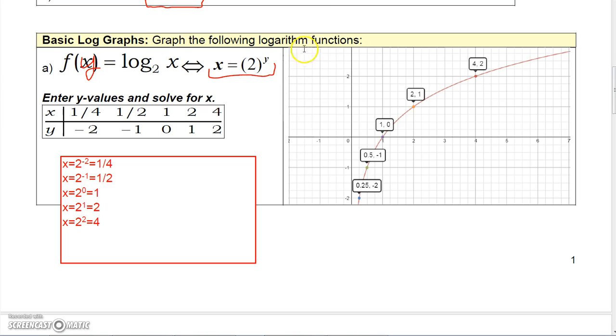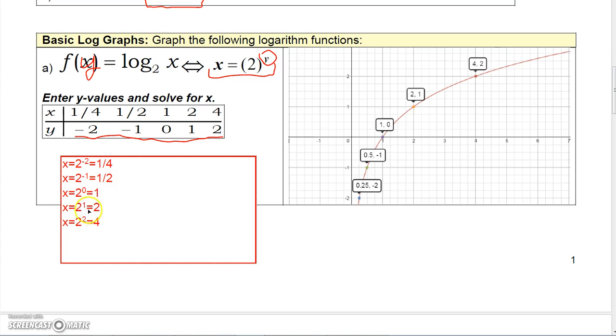So this time, in order to set up the table, what I'm going to do is pick y values and then plug them in to get the x values. So I'm going to use the y values negative 2 through positive 2 and see what the x value is going to be. Now up here we know x is 2 to the y, so if y is negative 2, x would be 2 to the negative 2, which is 1/4. If y is negative 1, x would be 2 to the negative 1, which is a half. If y is 0, x would be 1, 2 to the 0.